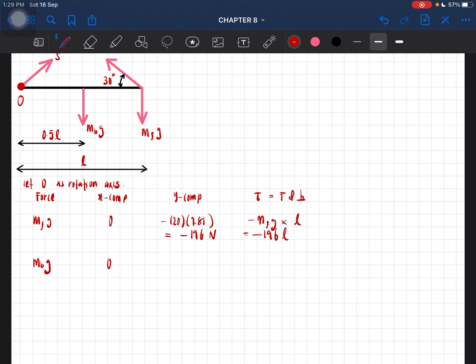Okay, so X component 0, and then Y component is negative, beam is 10, 9.81, so dapat negative 98.1 Newton.